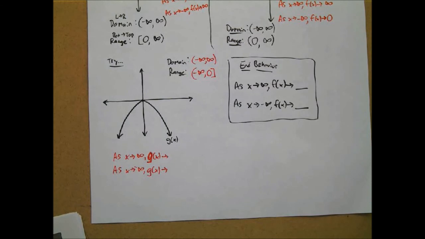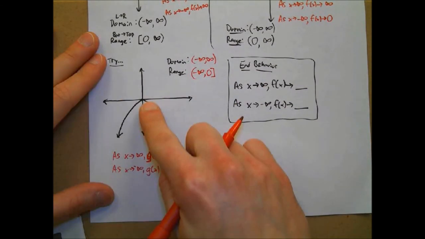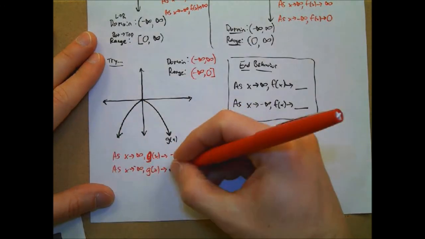As we go further and further to the right, what does g of x approach? What do the y values approach? Negative infinity. As we go further and further to the left, what do the y values approach? Negative infinity as well. Okay.